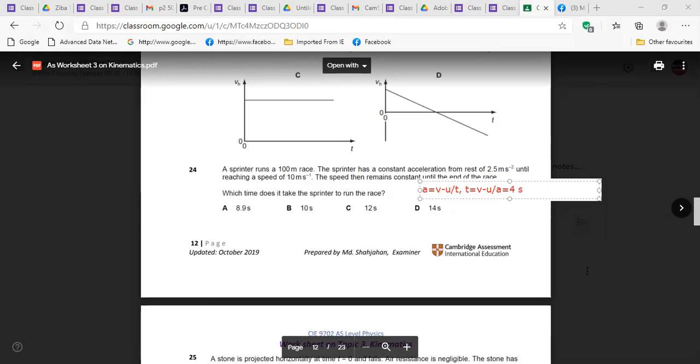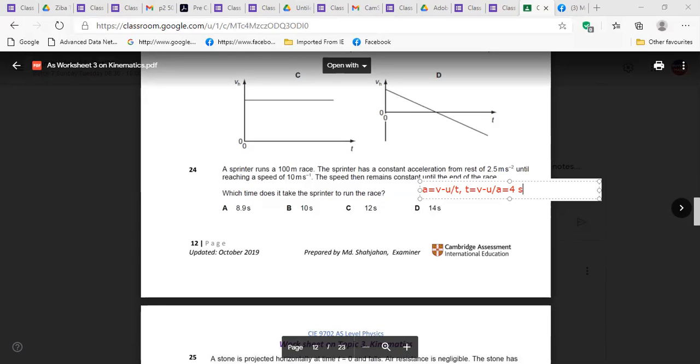So time is 4 seconds for what? Sir, for reaching a speed of 10 meters per second. So to reach that speed, right? And this speed will remain constant until the end of the race.